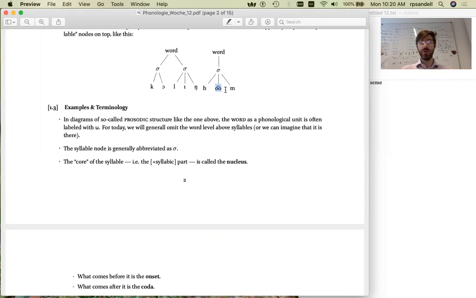So we have 3 syllable nuclei here. Inside of the same syllable, any segments that come before the nucleus or to the left of the nucleus are called an onset. So the segments ka, la, and ha would be syllable onsets. And anything that comes after the syllable nucleus, we refer to as codas or coda segments.